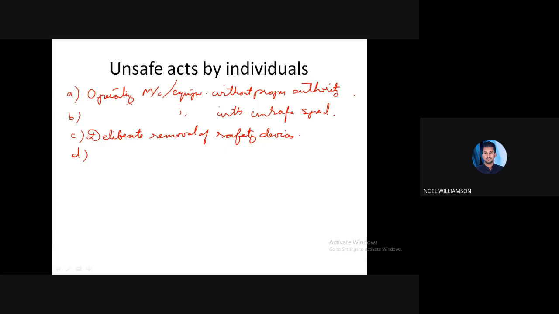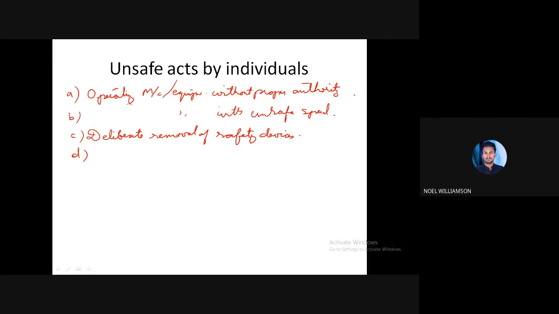So there will be a chance of accident to occur. Why? Because you are not obeying the proper instructions, and you are deliberately occupying an unsafe position.